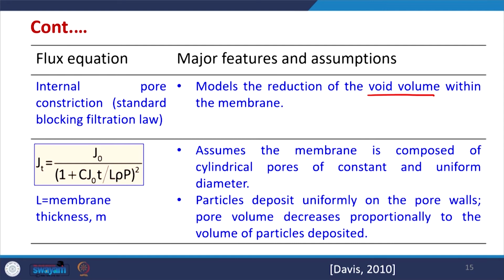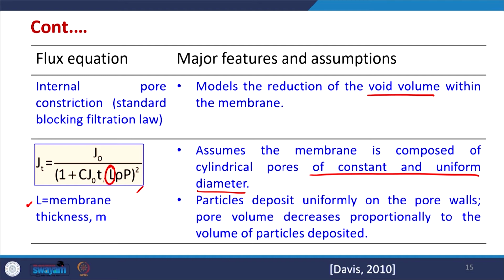So, it is modeled, and this is the equation, and here L is the membrane thickness. So, in this case it is assumed that the membrane is composed of cylindrical pores of constant and uniform diameter. So, we are assuming the pores to be of constant and uniform diameter.